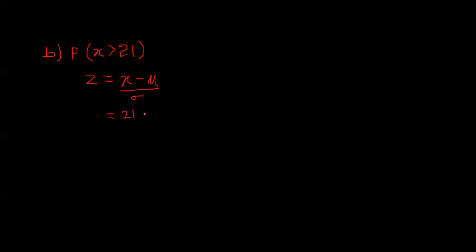And the mean or mu that has been given is 30. And sigma or standard deviation that has been given is 4. So when you calculate this value, you will get the Z value equal to negative 2.25.